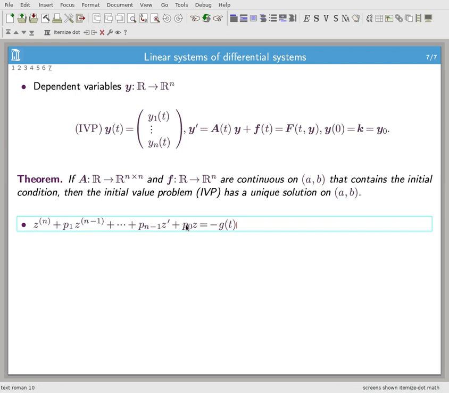Then this nth order differential equation is essentially equivalent to the system that we've considered above, and this is rather easy to show.